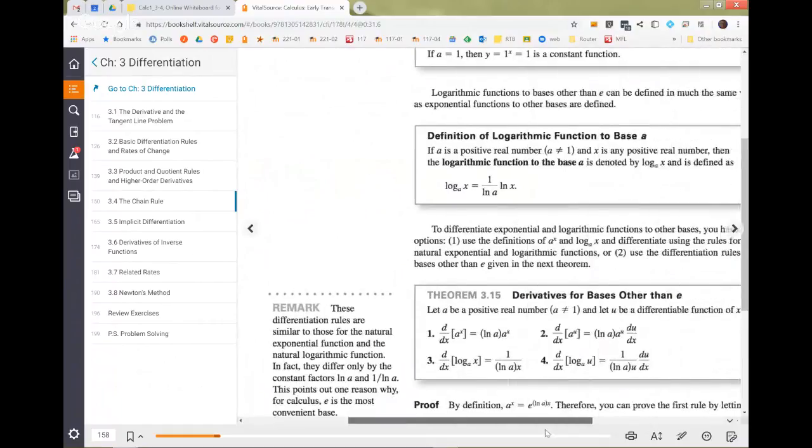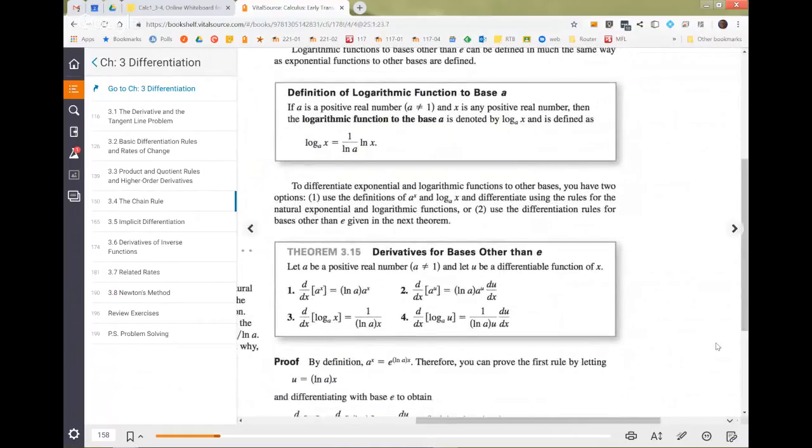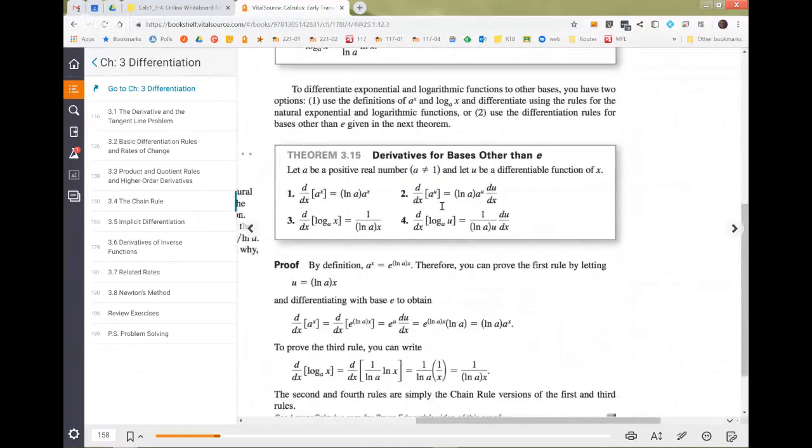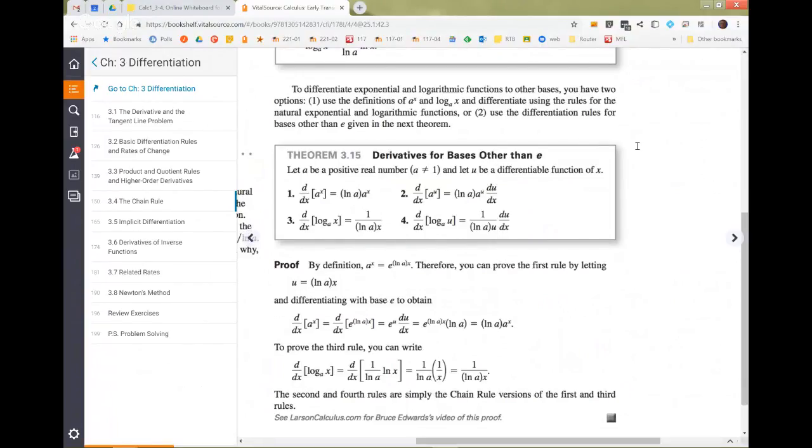All right, so this box right here is from page 158 in your books. It's these four things: derivatives for bases other than e. You already know how to do base e, that's a natural log. Notice the base here is a.